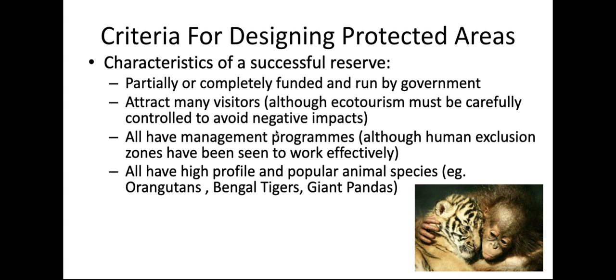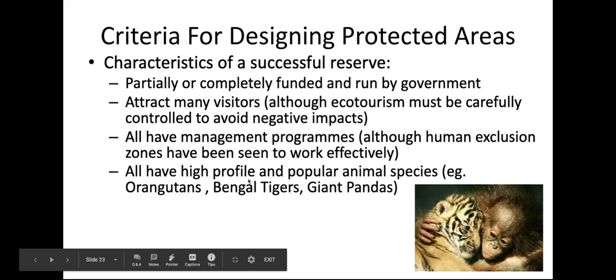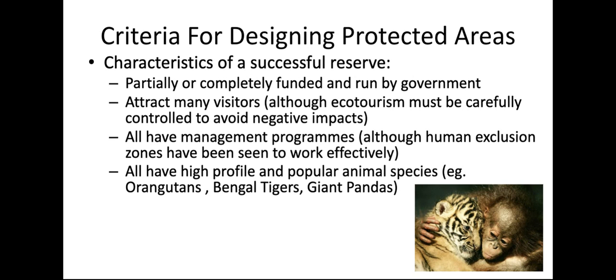Now, usually it should be run by some kind of management program that will monitor the populations in that area, but we also have some protected areas that don't necessarily have any human involvement and they are still working successfully. Another thing is that those areas should have high profile species because that's what attracts tourism, right?